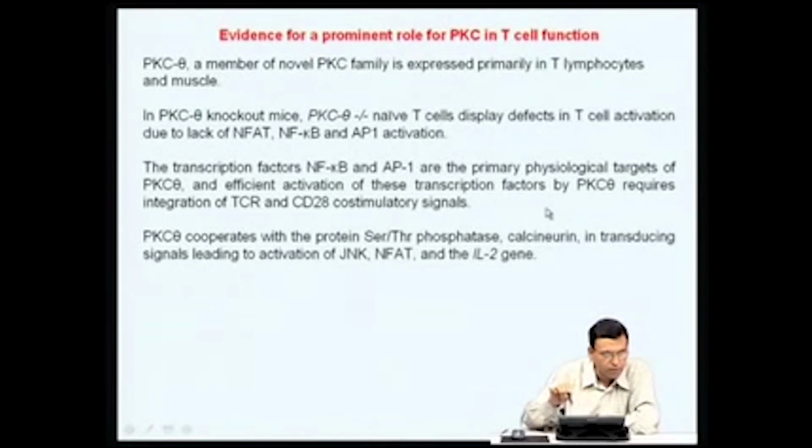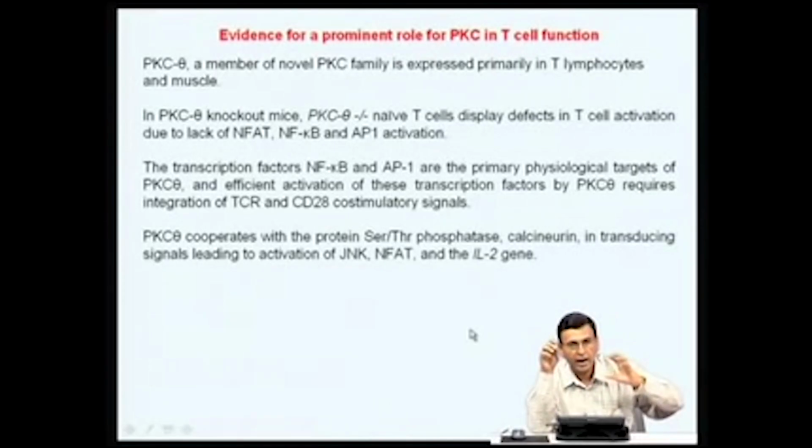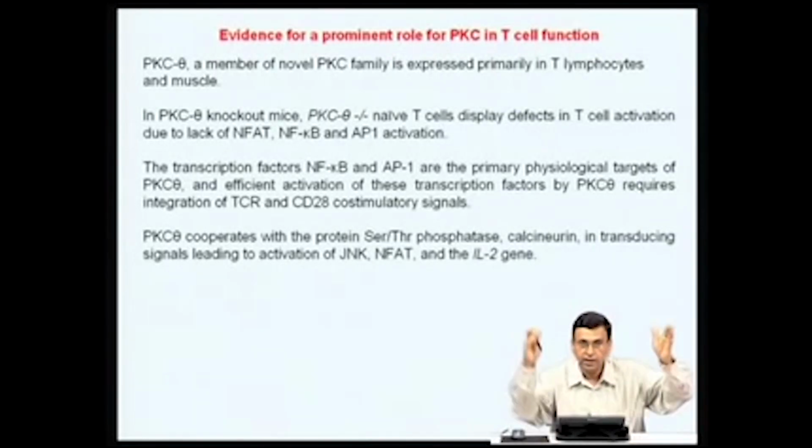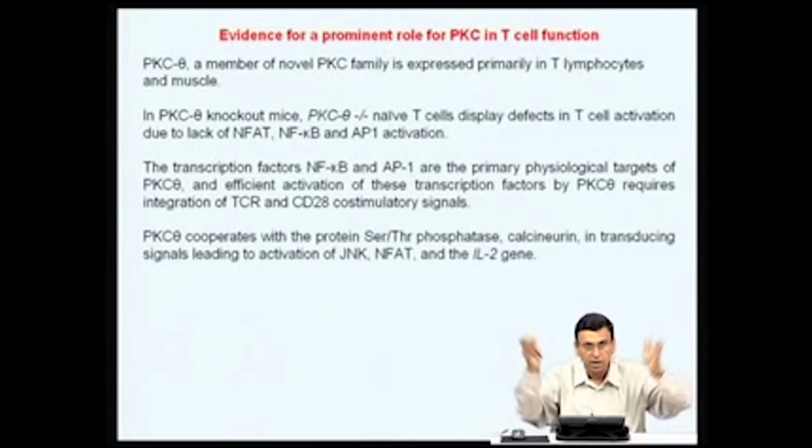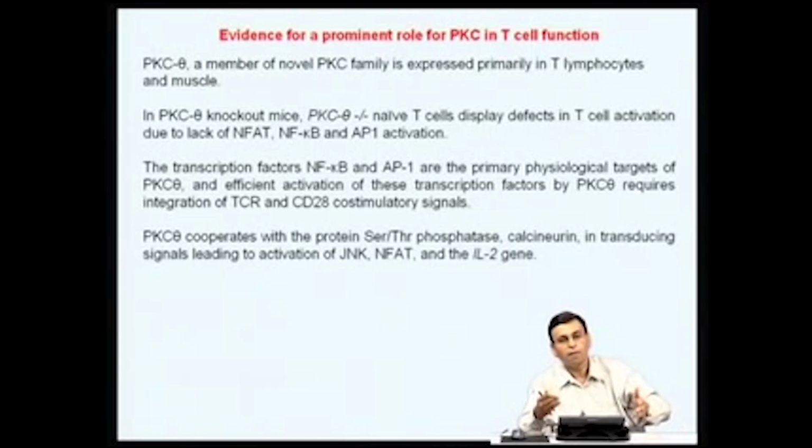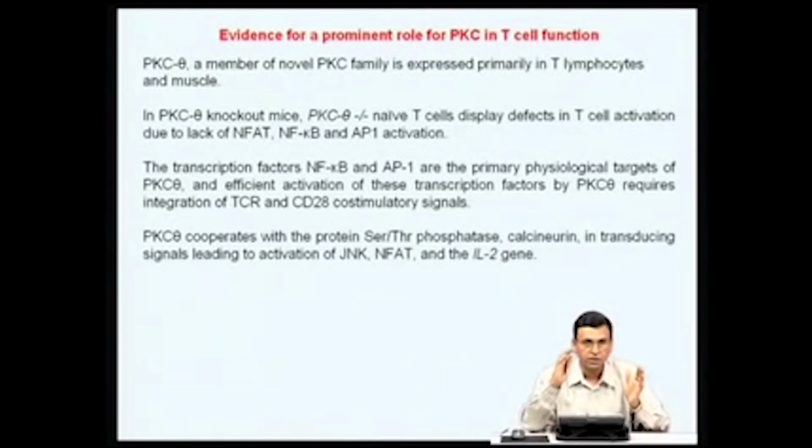I'm presenting a very simplified version of T cell receptor signaling involving PKC signaling. It's much more complicated. It involves convergence of multiple signaling pathways, but the idea is not to confuse the listener, but to understand at least one aspect of T cell receptor signaling. And what am I trying to convey? The message to you is that one aspect of T cell receptor signaling involves protein kinase C, and protein kinase C is essential for the expression of IL-2.